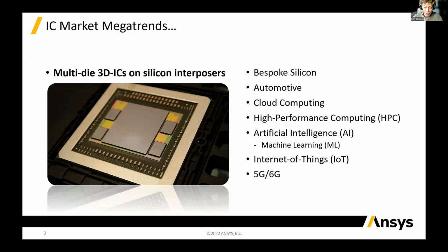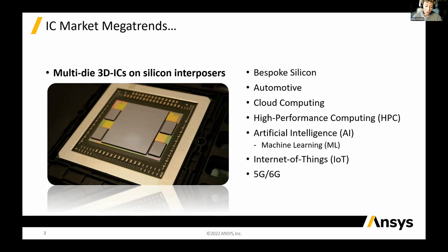These applications require ultra-high performance and low power, and also cover 5G and 6G telecommunications, networking, and all the high-performance computing that I mentioned. Besides that, the automotive industry is in constant pursuit of fully autonomous vehicles.